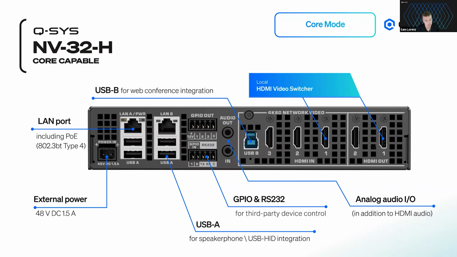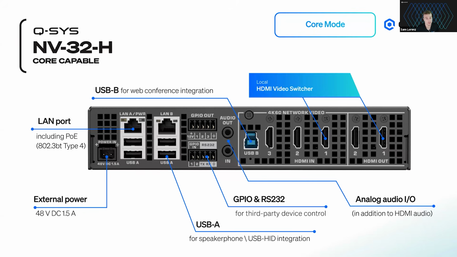Instead of having a separate dedicated core for the space, you can have this NV32 act in core mode, and then you essentially have a local 3x2 HDMI switcher, and it can still carry that USB-B if you have any Q-SYS cameras or audio within the system. You still have all the same functionality with your GPIO, your RS-232, your USB-A, HID and speakerphone routing, and still the same LAN ports, and you can still locally power it as well.